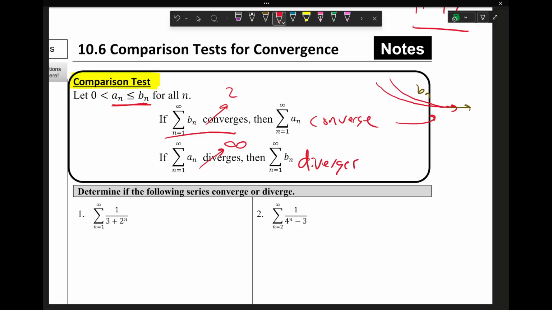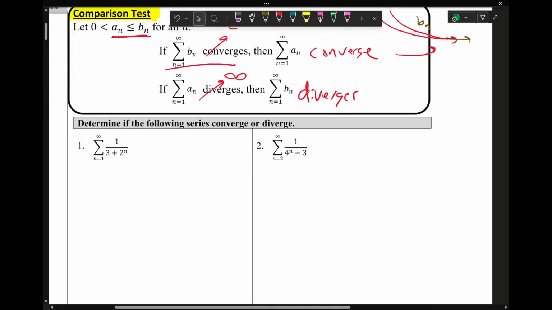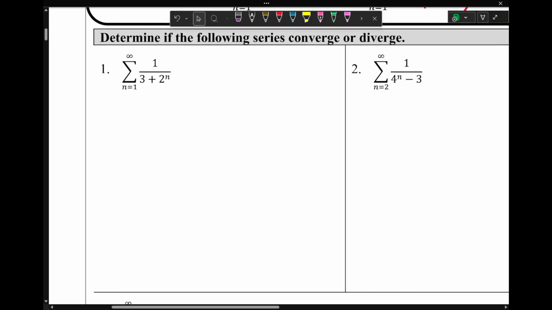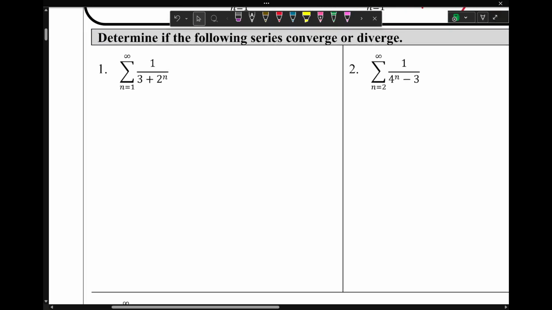So again, this relies on us still doing geometric and some of those other things. Now you could do a question like number 1, figure out if this converges or diverges. And again, it's not the harmonic series, it's not a p-series, it's not a geometric series, it's none of those things. But probably the hardest part of this is you kind of have to look in here and see one of those that you know the answer to.